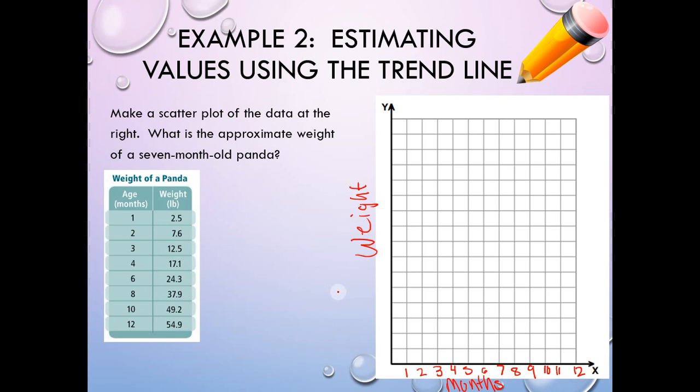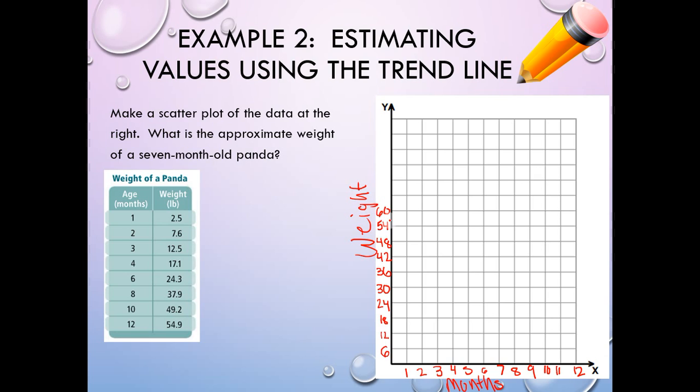And then it looks like I'm going to need to go by probably sixes. So I'm going to go 6, 12, 18, 24, 30, 36, 42, 48, 54, 60.